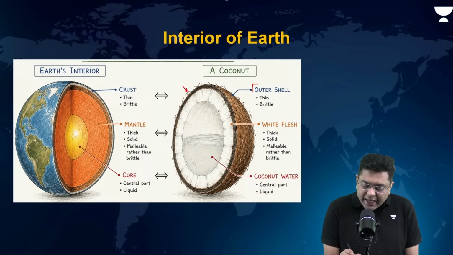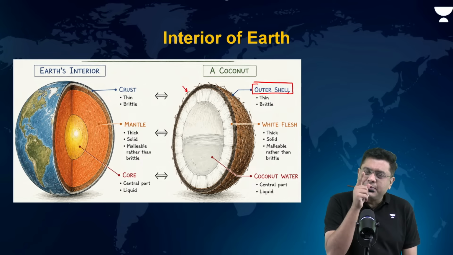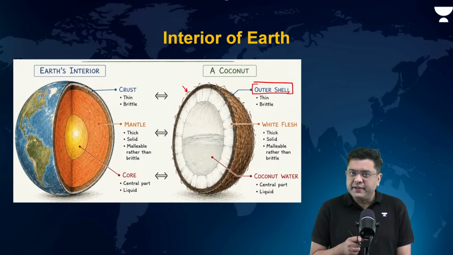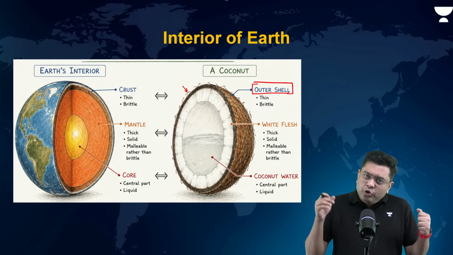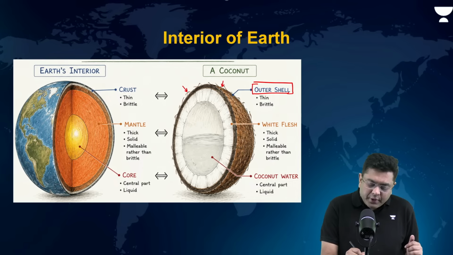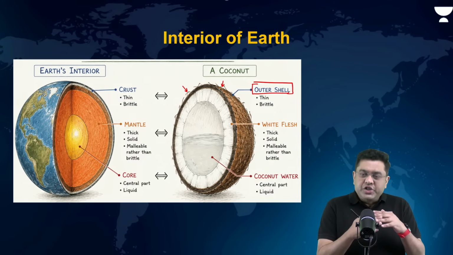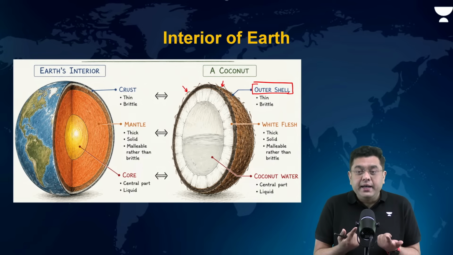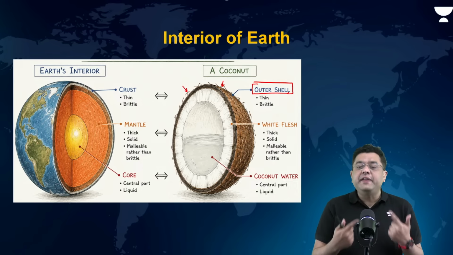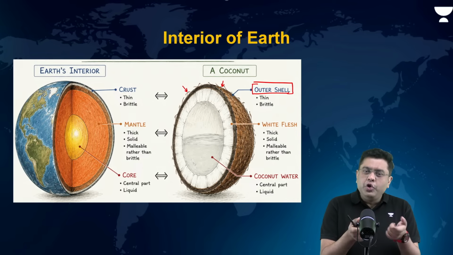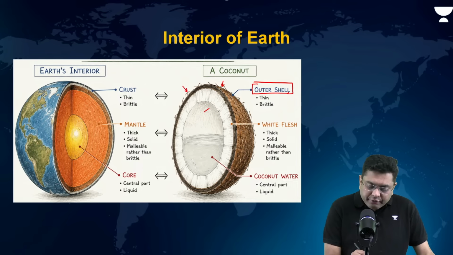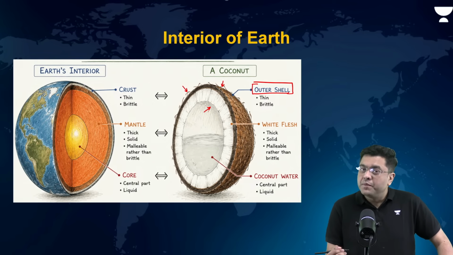The outer shell, the brown outer shell, is the thinnest portion of the coconut, but it is very tough, isn't it? Now, if you try to exert force on this shell, the shell will immediately break. So, it is brittle in nature. It breaks immediately, right? It is not very thick, it breaks immediately. Then the coconut has got whitish flesh, right?